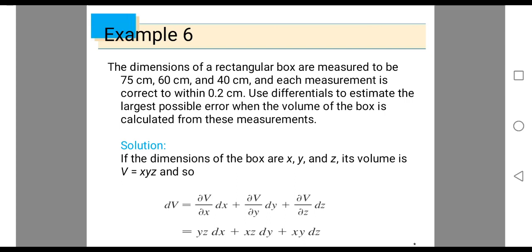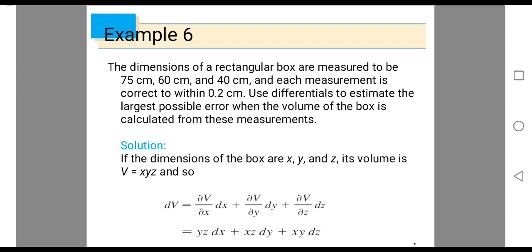So we are given that the absolute value of delta x is not greater than, or we can say is less than or equal to 0.2, our delta y is less than or equal to 0.2, and our delta z is less than or equal to 0.2.